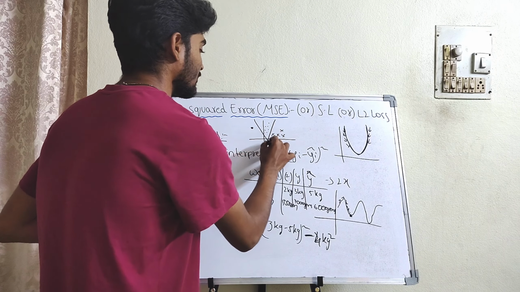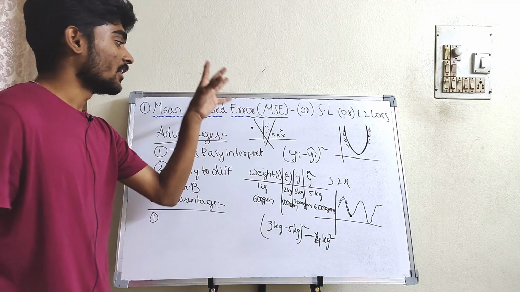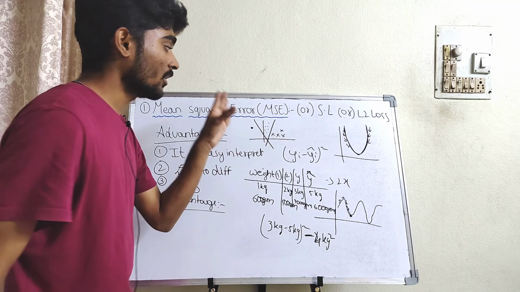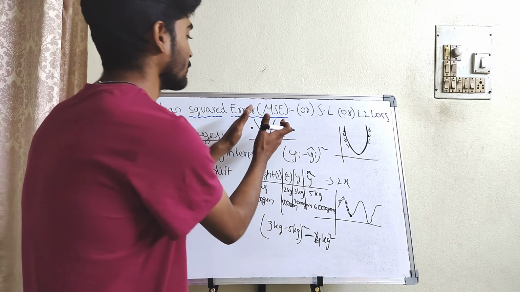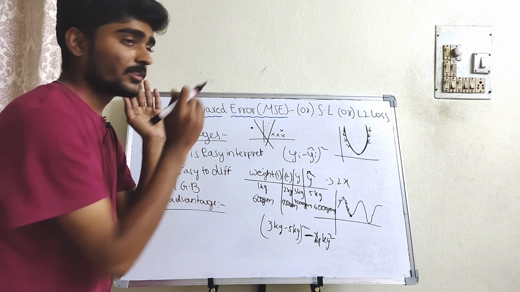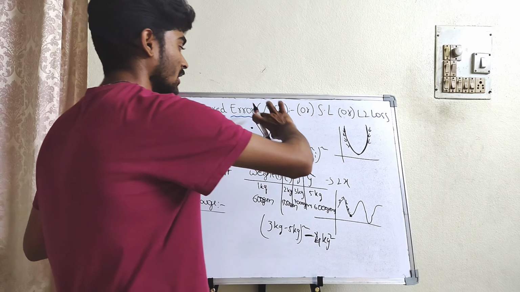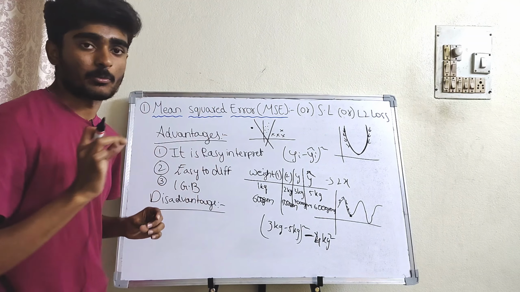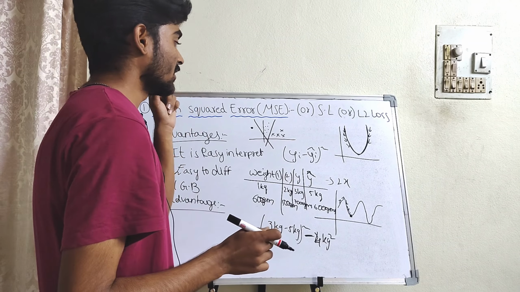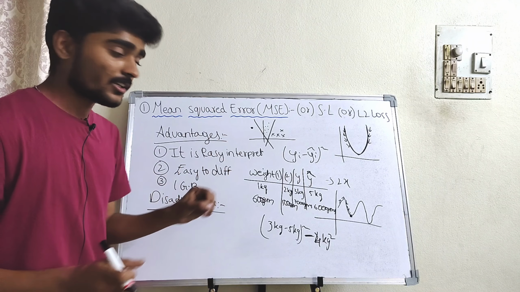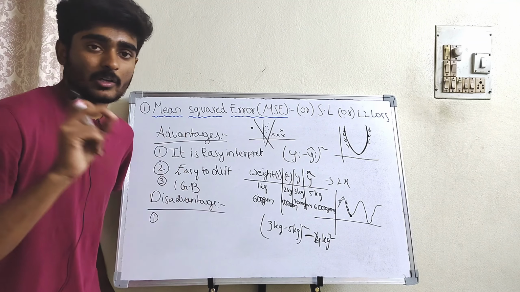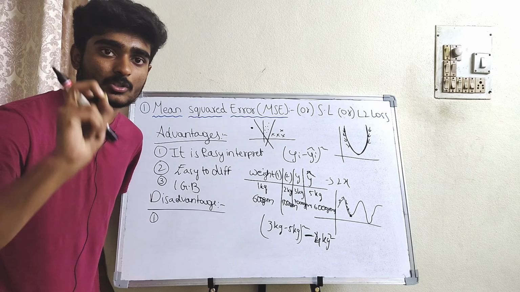So our binary classifier line will be this. Our model is avoiding the other data points, focusing just on this data point. So it is not robust to outliers.